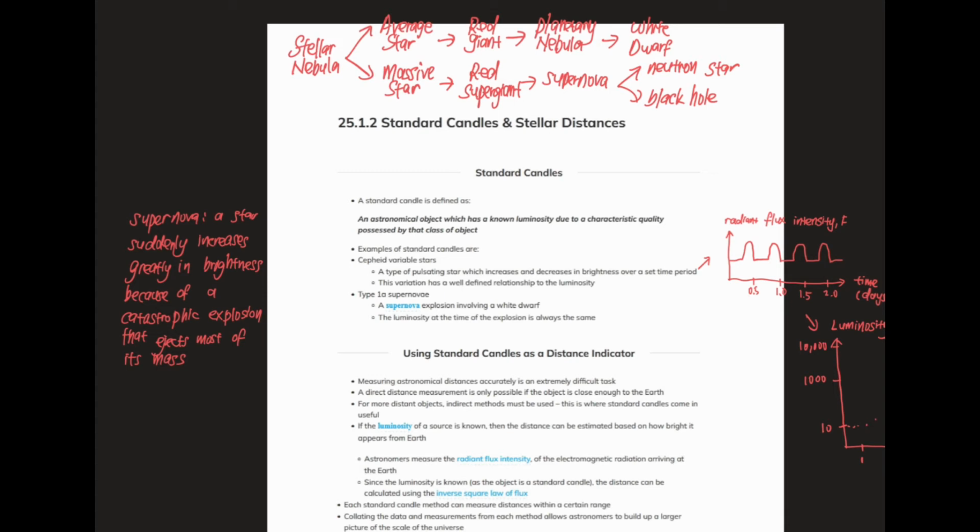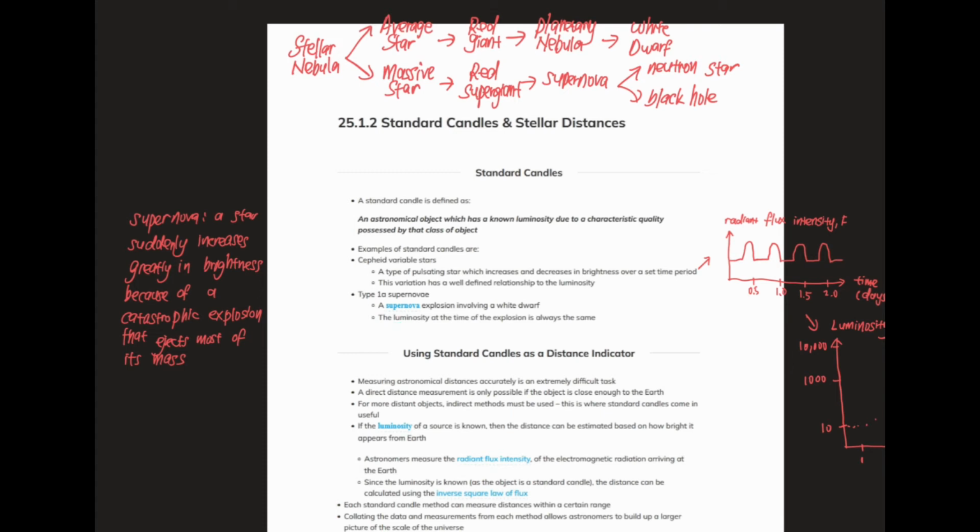Okay. So when it is in this stage, which is supernova, there is a particular value for the luminosity. And because we know the luminosity, we can use the formula just now to find out the distance between the Earth and the supernova over there, which is the star.